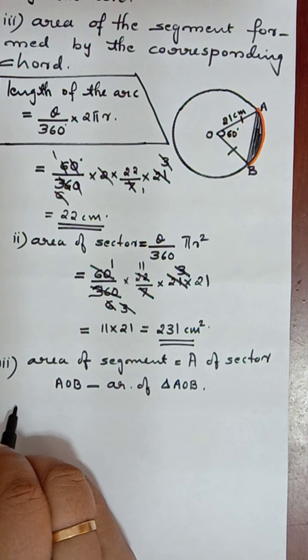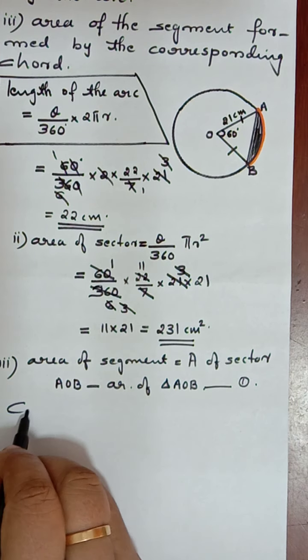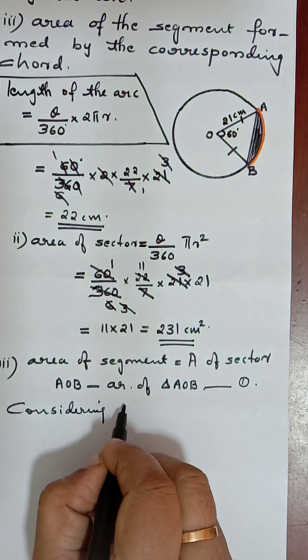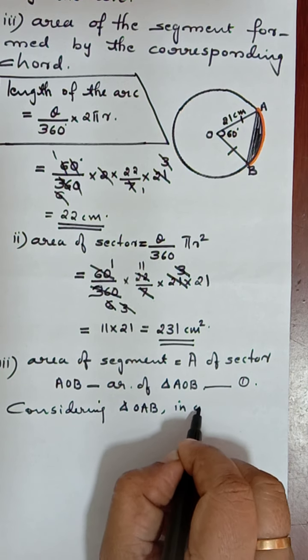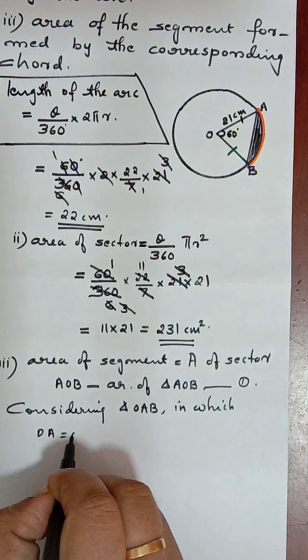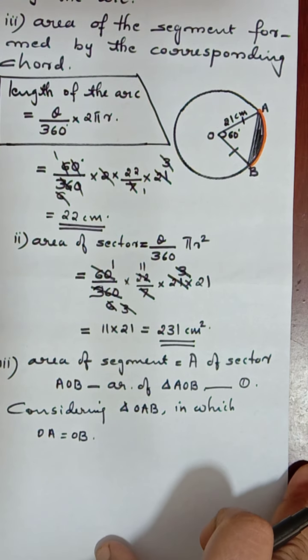Let me call it equation number 1. We are considering triangle OAB in which OA is equal to OB. As two sides are equal, their base angles will also be equal.